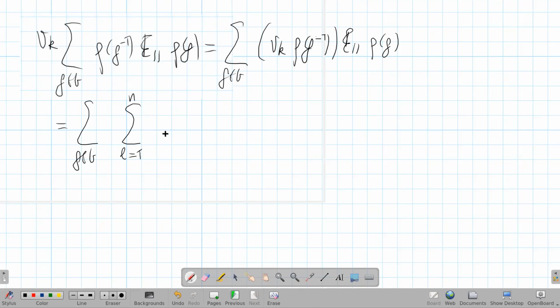So you will have VL rho KL G inverse, then ESS, and then rho G. I have applied Vk and obtained the kth row, because my vectors are row vectors, so the image of the kth vector is given by the coefficients of the kth row. Remember, this is the element of place KL in the matrix rho G inverse.